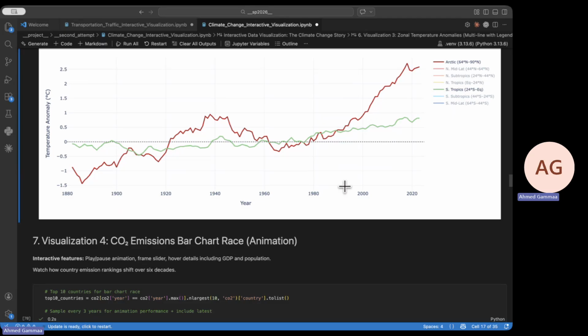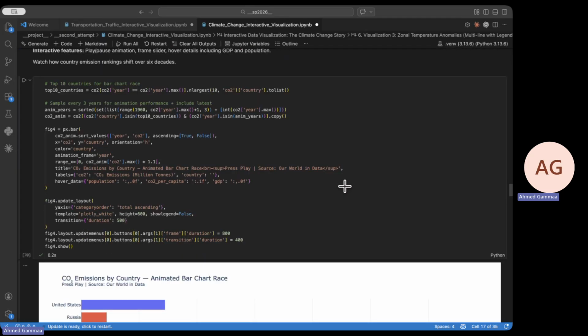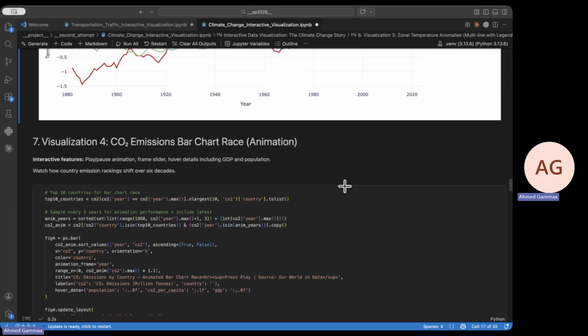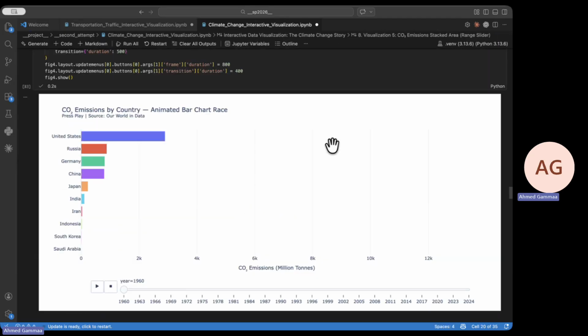Next, let's go for the CO2 emissions, and let's go for this interesting bar chart race animation. Let me run it.